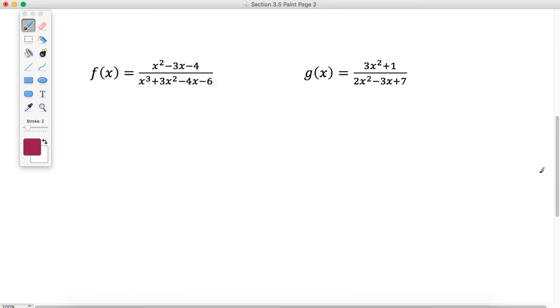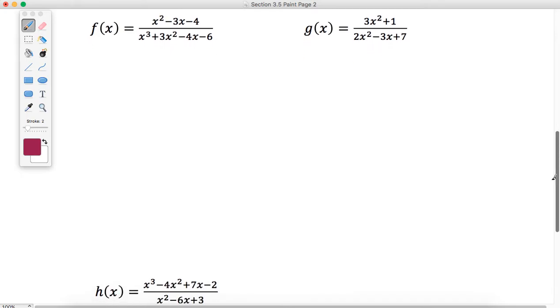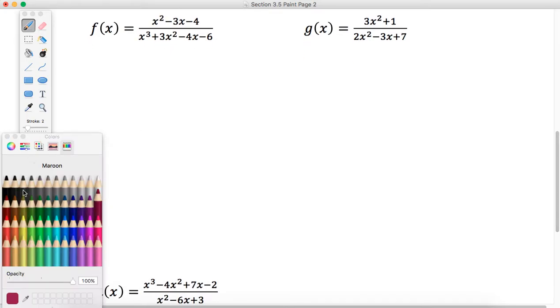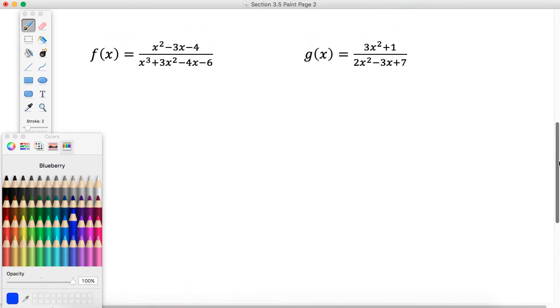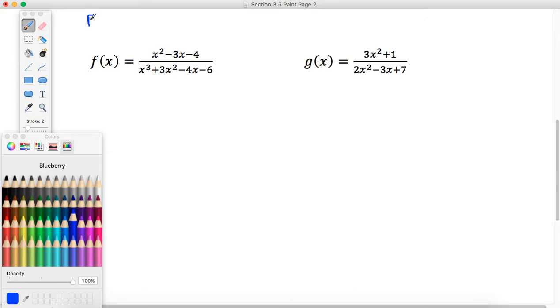I have a function here, f of x equals x squared minus 3x minus 4. And if I want to find the horizontal asymptote, what I'm going to do is find what happens as x approaches plus or minus infinity, right?